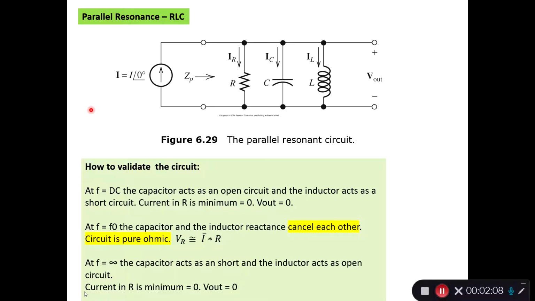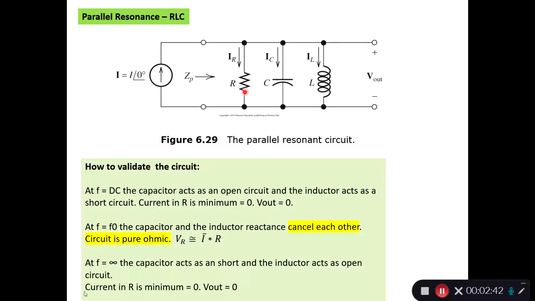If we consider that the source frequency is at DC level, so 0 frequency, then we can see that the capacitor will act as an open circuit, and due to the wiring of the inductor, it will act as a short circuit. So the current out is minimum because we have a short circuit.